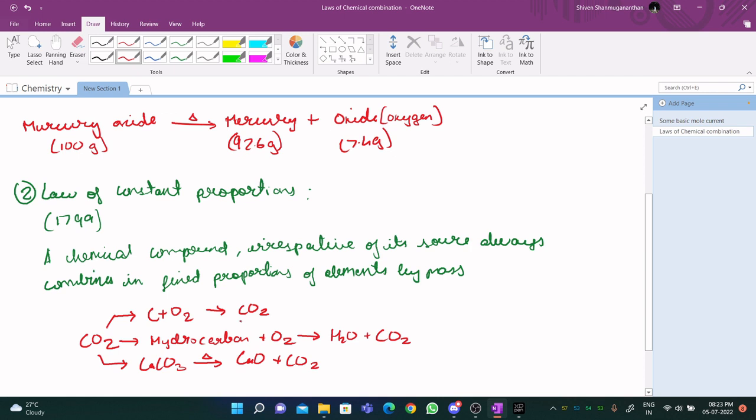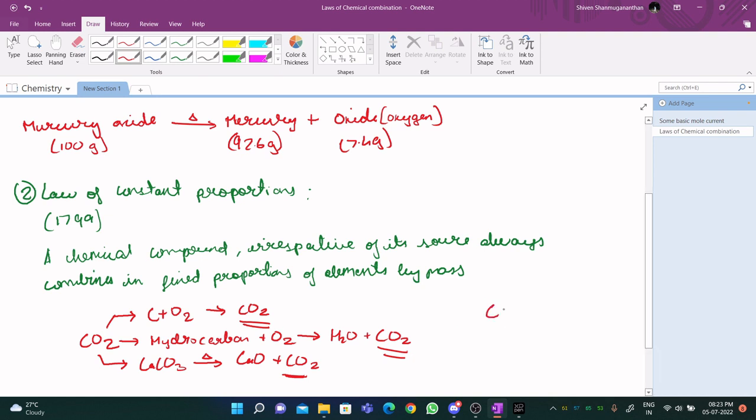Now, all three forms of carbon dioxide here will have exactly the same ratio. Carbon and oxygen will combine in these cases to form carbon dioxide in the exact same ratio. So no matter the source, irrespective of the source of the compound, it will always contain fixed proportions of its elements by mass.